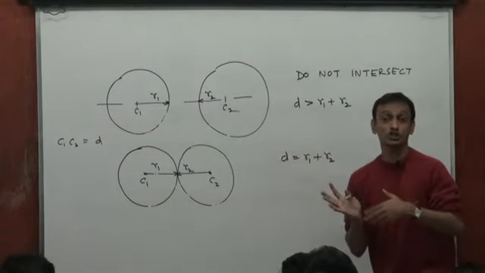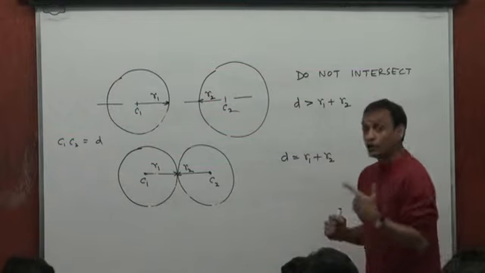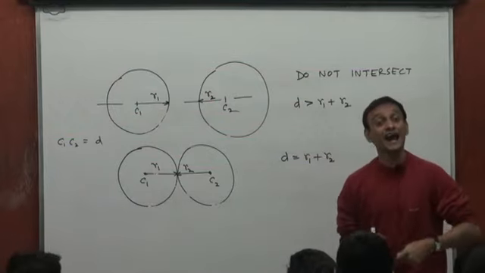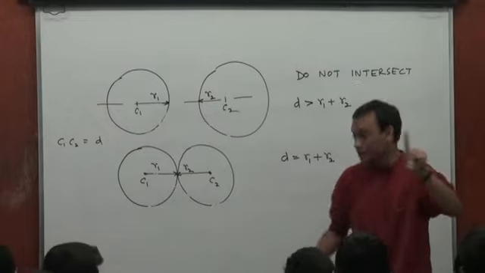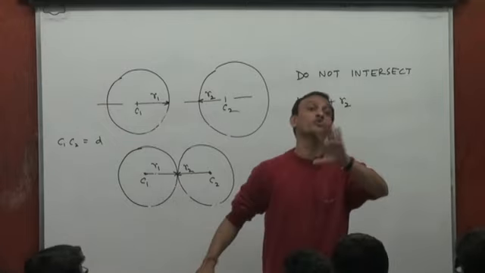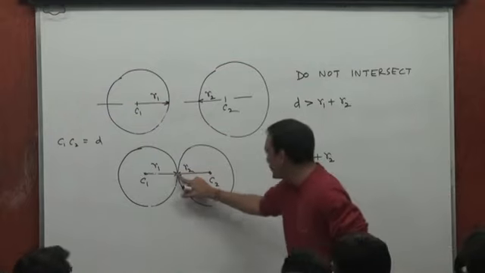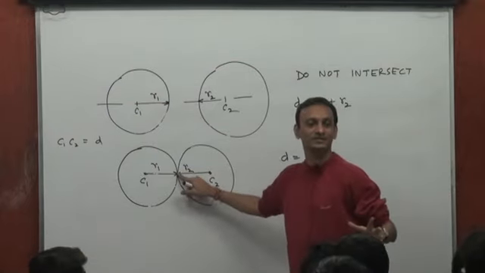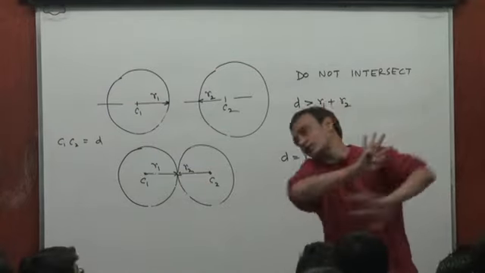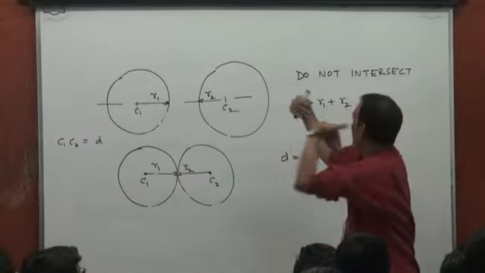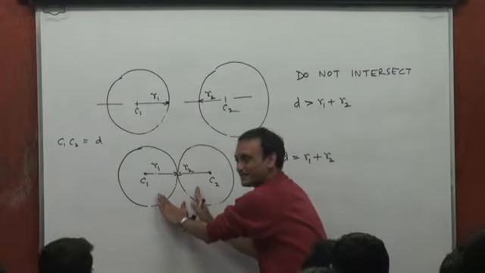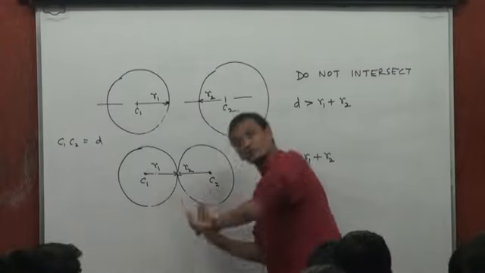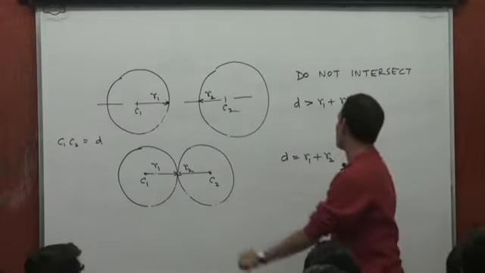The distance between their centers is the sum of the radii, and the two circles intersect at two coincident points. This is the coincident point. The two circles will always intersect at 2 points. Those 2 points can be imaginary, or in this case, they could be coincident. So mathematically speaking, clear?